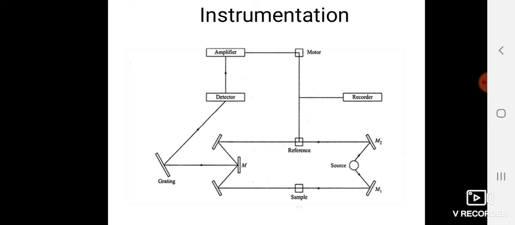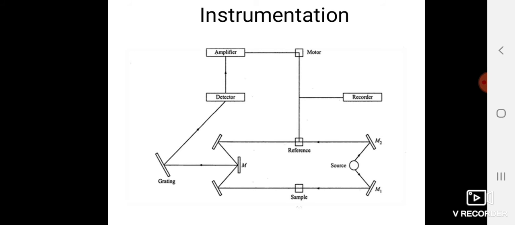And since it's IR spectroscopy, you can do it simultaneously. We can pass the radiation through sample and reference, or we can pass it one after the other also, for which people use different kinds of mirrors. Gratings are also going to be used. A very important thing in IR spectroscopy is that commonly we don't use the monochromator before the sample, that is, between the source and the sample.